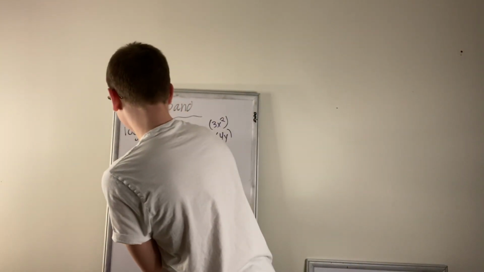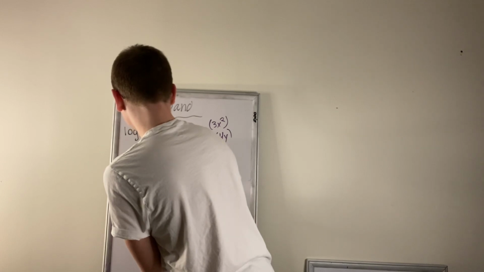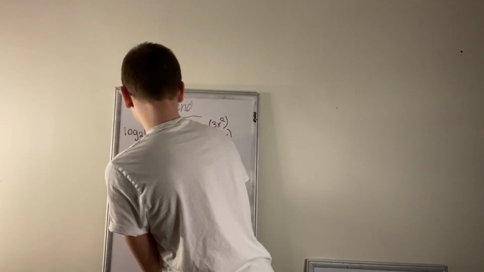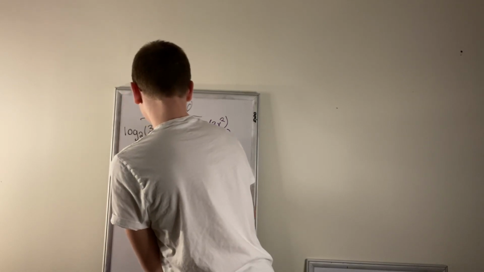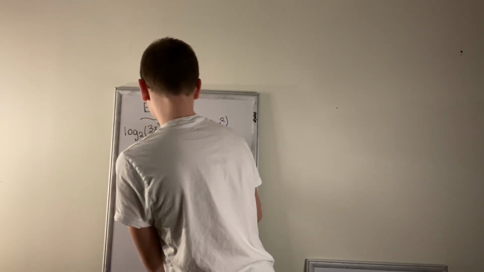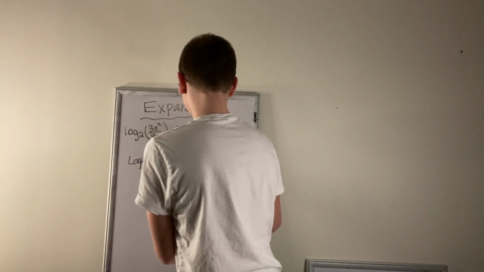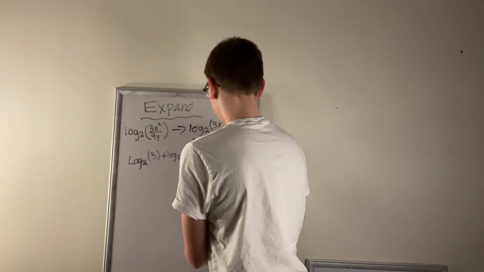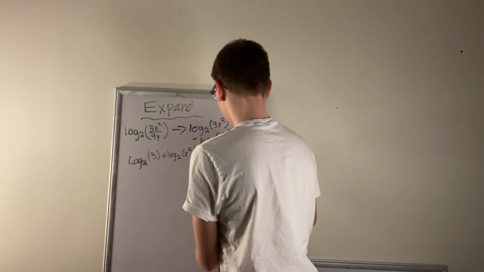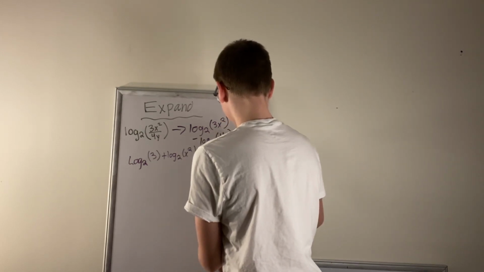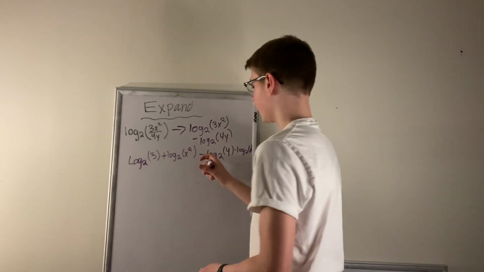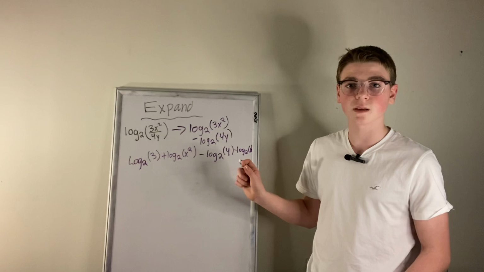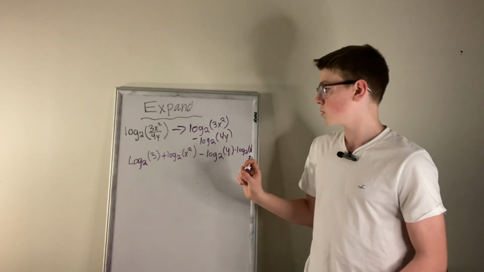So log base 2 of 3 plus log base 2 of x squared minus log base 2 of 4 minus log base 2 of y. It's minus minus because these are both going to be in the denominator.